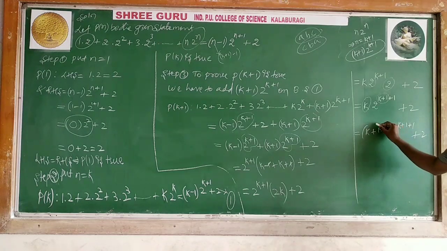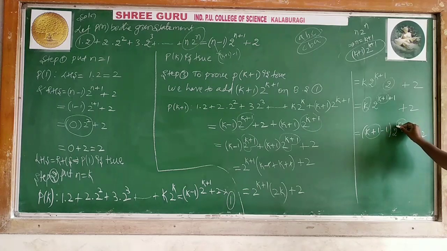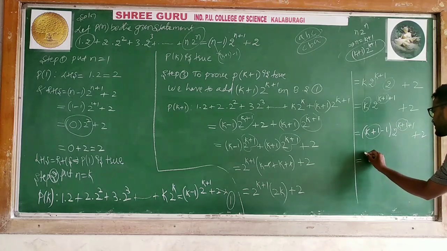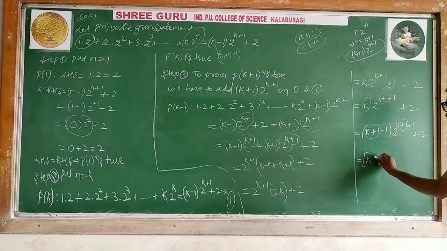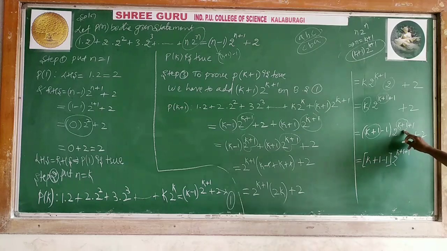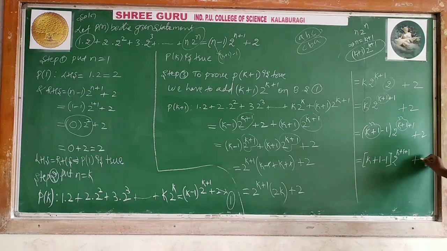It is like n minus 1, 2 to the power n plus 1, plus 2. Better, I can write this as k plus 1 minus 1, 2 to the power k plus 1, plus 1. I said it is like n, this is like n, so plus 2.